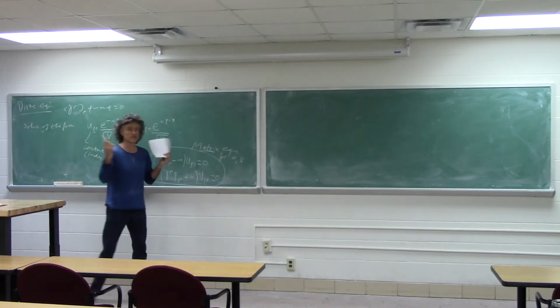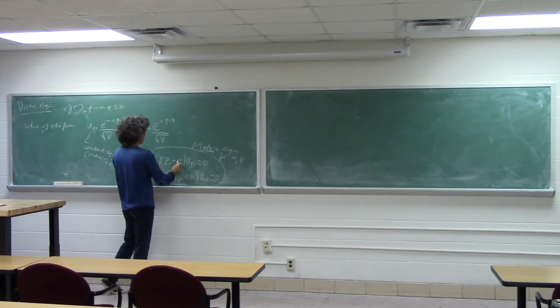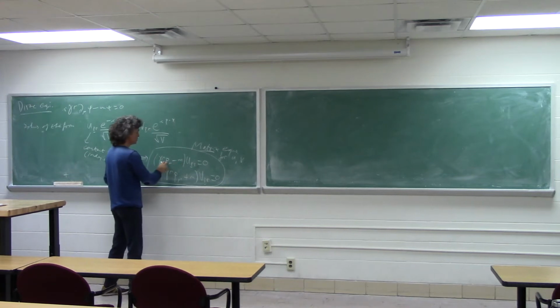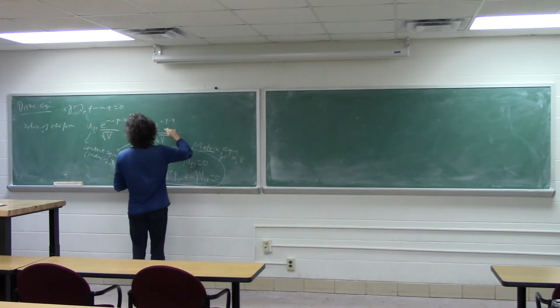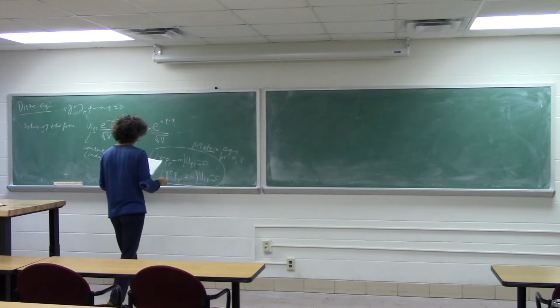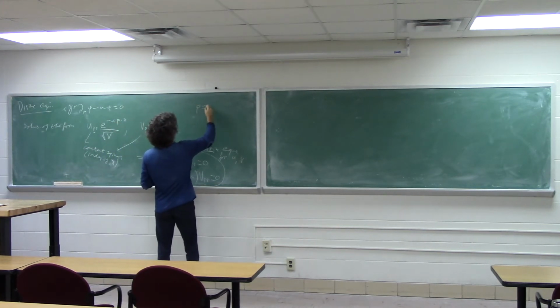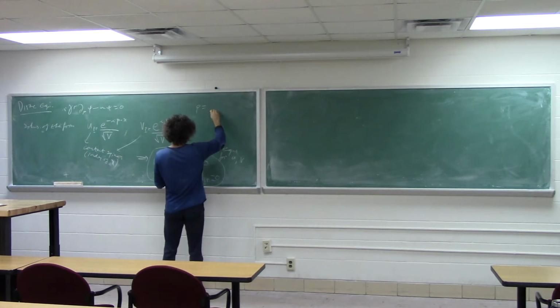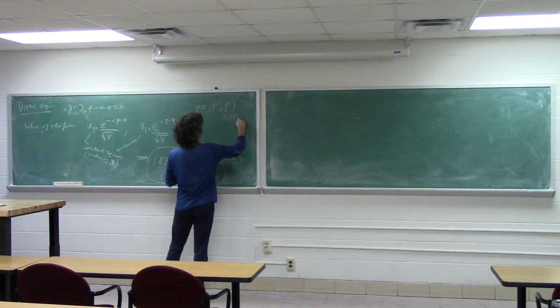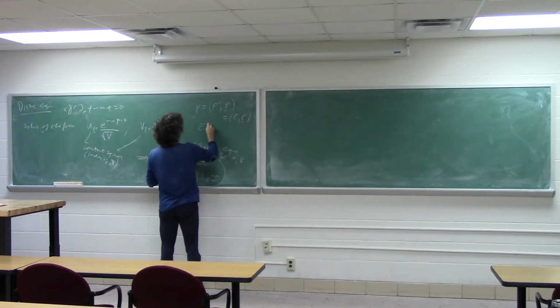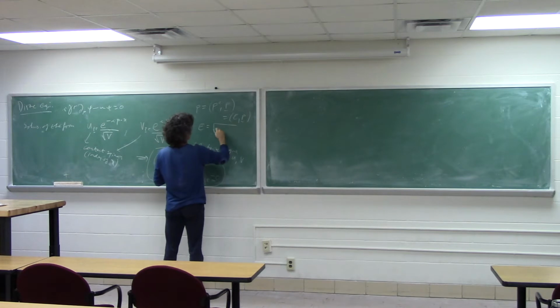There are no derivatives in here. So this is a 4x4 matrix whose entries depend on the p, where p is equal to, let's write it as, p0, p vector, with p0 the square root of m squared plus mod p squared.